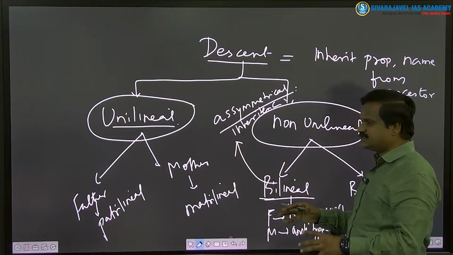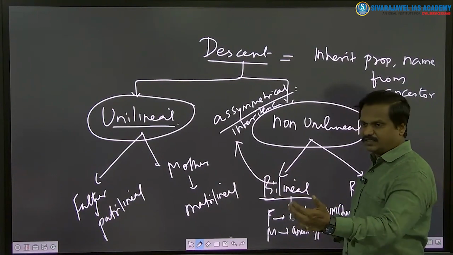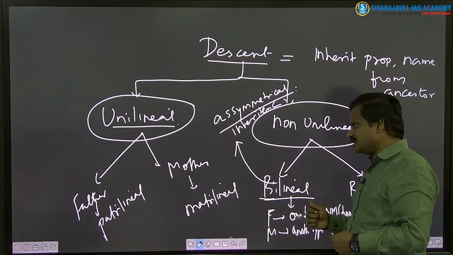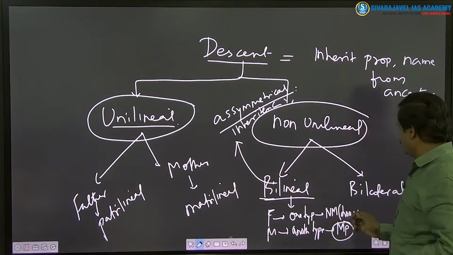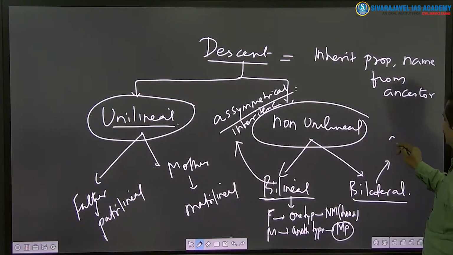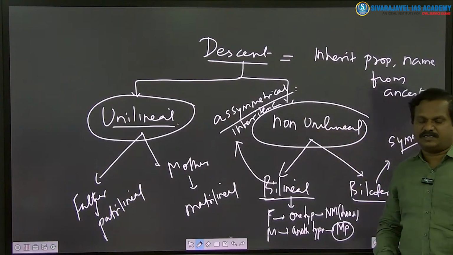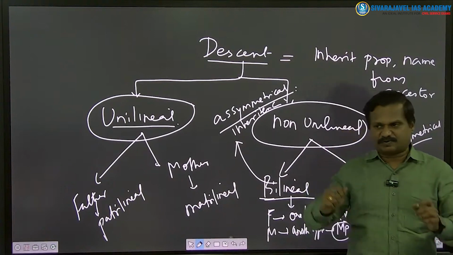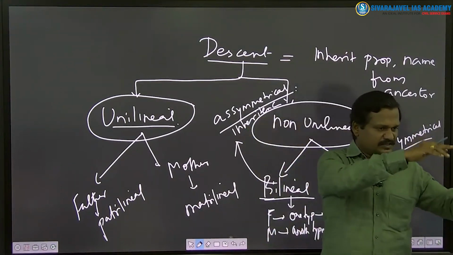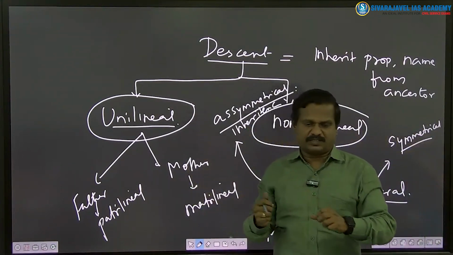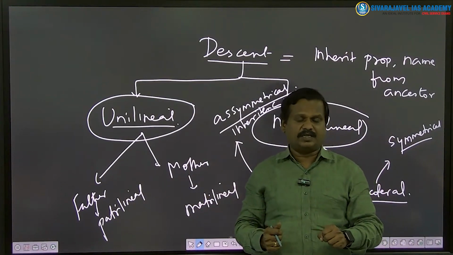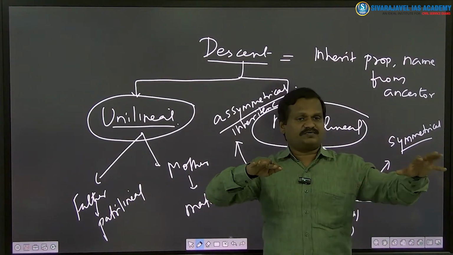Bilineal means asymmetrically you are getting from father's side one type of property, from mother's side another type of property. When you go to bilateral, symmetrically you are getting whatever you get from father's side, the same thing you get from mother's side. From father's side you get a house, from mother's side also you get a house. From father's side you get gold jewelry, from mother's side also gold jewelry, which means there is no difference between father's side and mother's side.